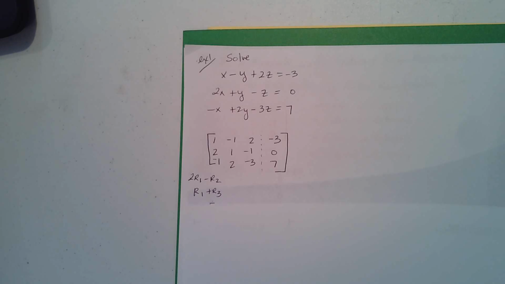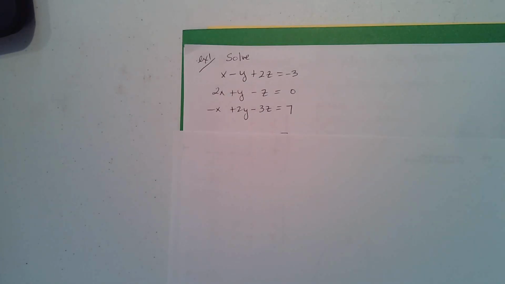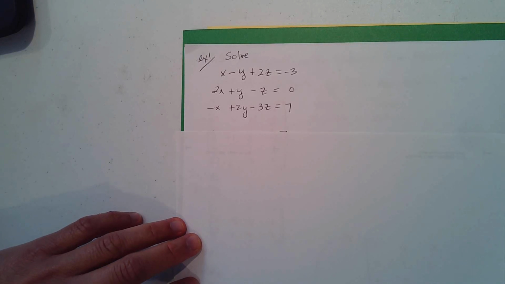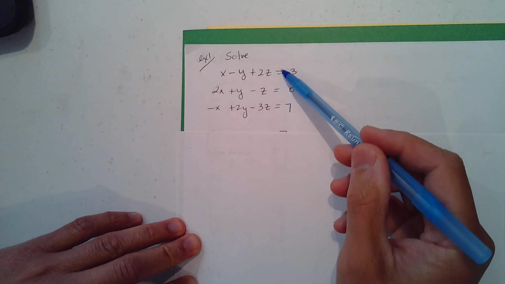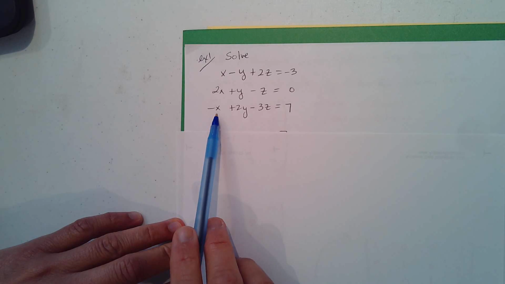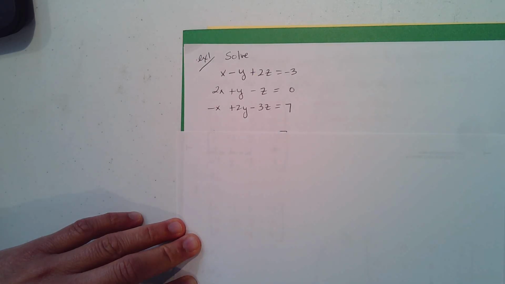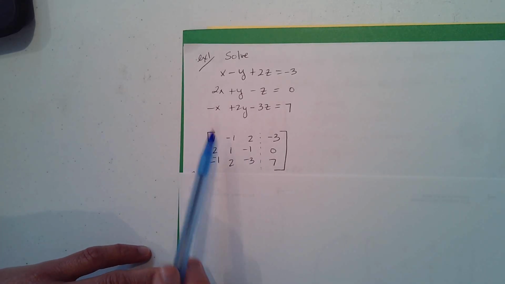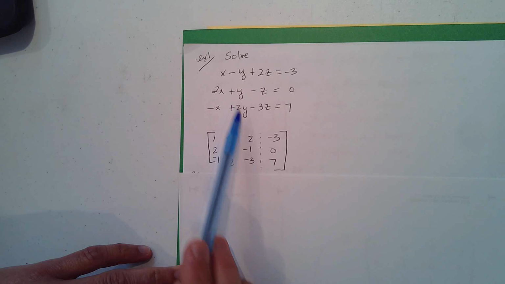So here is example 1. We have a 3x3 system, 3 equations, 3 variables. We will write the coefficient matrix. Coefficient matrix are the coefficients of our system.